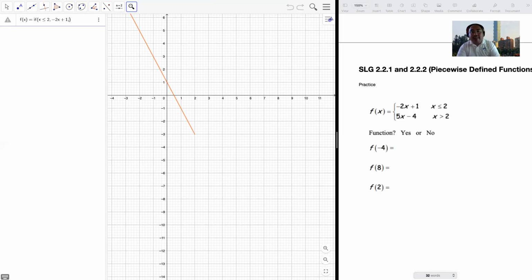And then else, you're telling GeoGebra, but when it is no longer less than or equal to 2, which is x is greater than 2, you graph 5x minus 4. And there you have your graph.